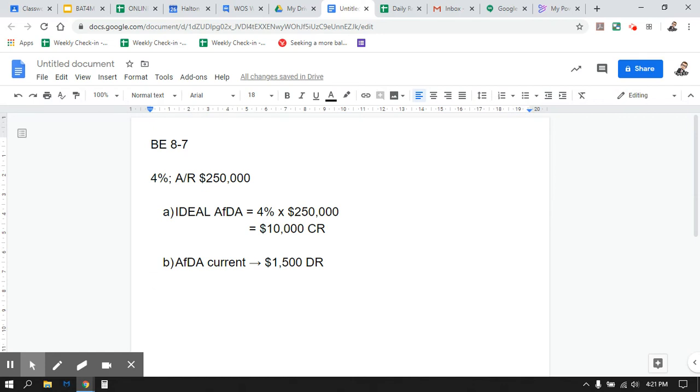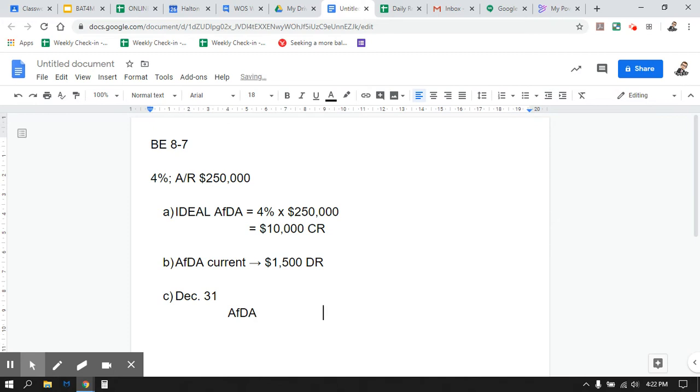So how do we record the adjusting entry? Well, we always know that the adjusting entry is going to involve AFDA and bad debt expense. In this case, I need to take a $1,500 debit and change it to a $10,000 credit. How would I do that? I would credit AFDA, usually lowercase the f.